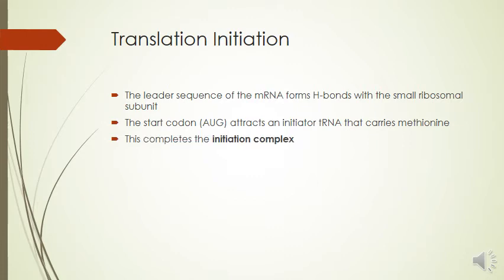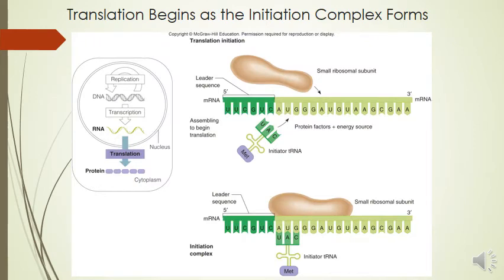This completes the initiation complex. Here, when you look at this slide, you can see where the translation begins as the initiation complex forms. And the initiation of translation brings together a small ribosomal subunit, the messenger RNA, and initiator tRNA, and aligns them in the proper orientation to begin the translation.